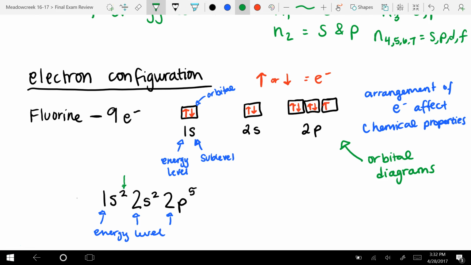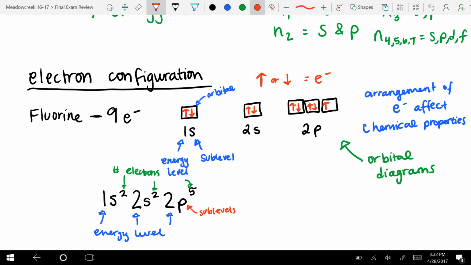The exponents here are referring to the number of electrons in each sublevel. And the p's and s are your sublevels.